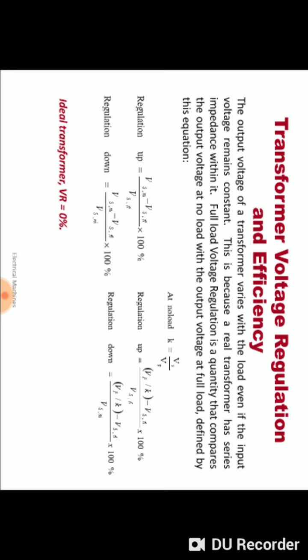Now there are two different parameters again, voltage regulation and efficiency. The output voltage of a transformer varies with load even if the input remains constant, because a real transformer has series impedances within it. Full load voltage regulation is a quantity that compares the output voltage at no load with the output voltage at full load.